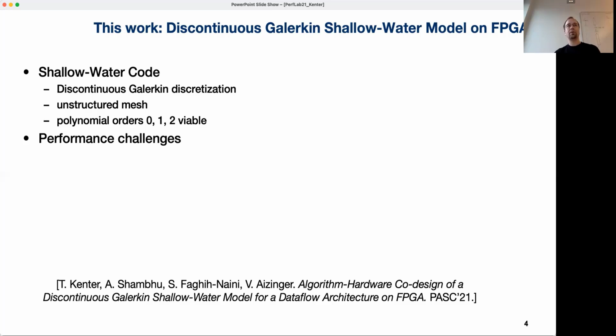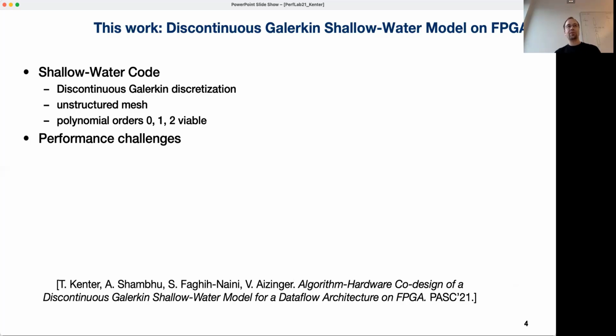The code is configurable in many regards, most importantly with regard to the polynomial order, which allows to modify the arithmetic intensity or trade off computation for communication and memory bandwidth in the end.